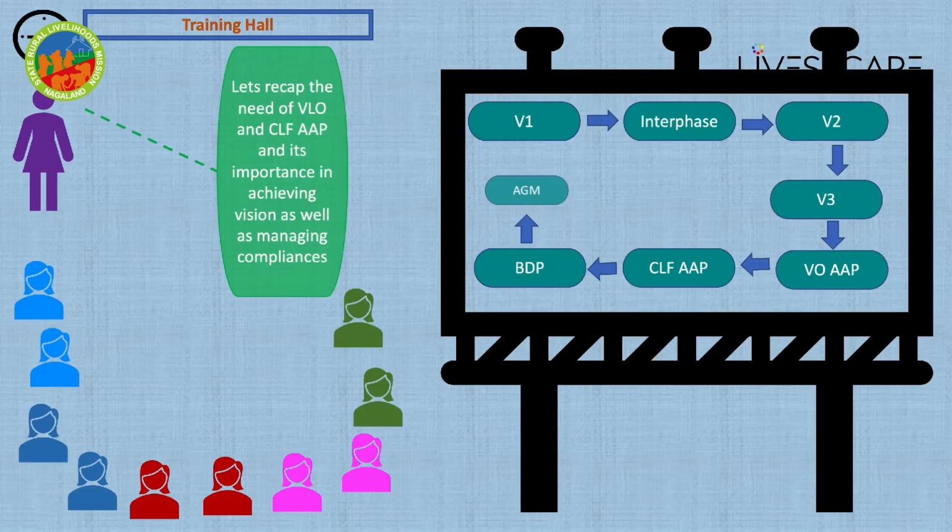And then the penultimate session where the business development plans are finalized, with the final step being that the annual action plan and the business development plan are presented in the AGM and approved by the AGM before the action on both the BDP and the annual action plan begins.